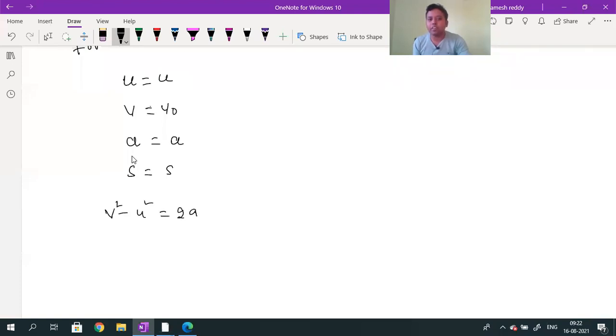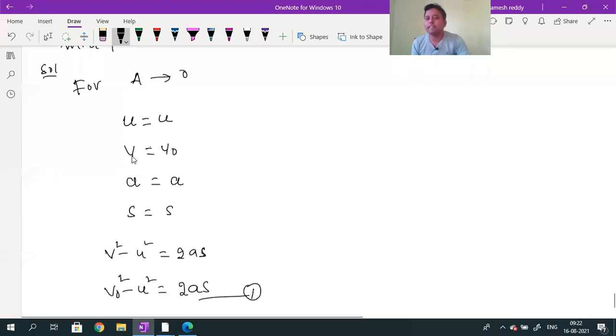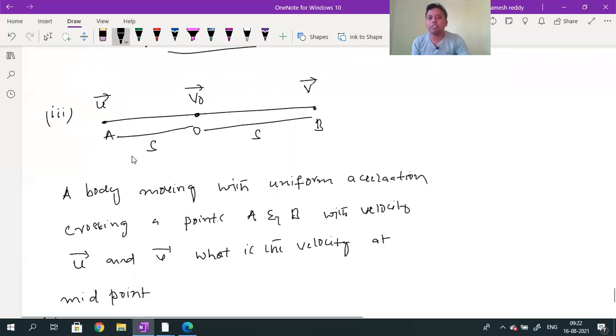Listen, I am writing clearly now. When the body goes from A to O, the final velocity at O is V naught, and the initial velocity is U, so V naught square minus U square is equal to 2 into acceleration A into distance S. Can I call it equation 1? I will divide the journey into two parts: A to O is one part, O to B is one part.